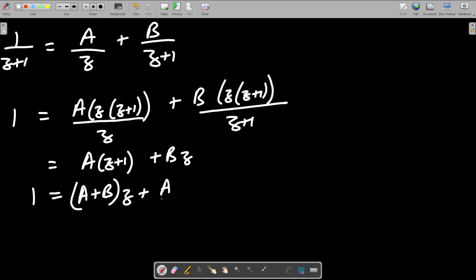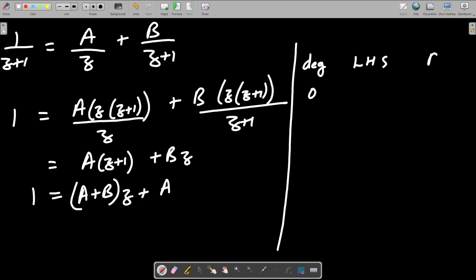What is the degree 0 term on this side? Let's write it like this. Degree 0. So on the LHS, who is the degree 0 term? On the LHS, degree 0 term is this fellow, right? 1. RHS, who is there for degree 0?